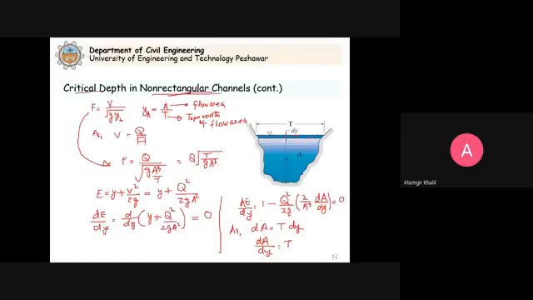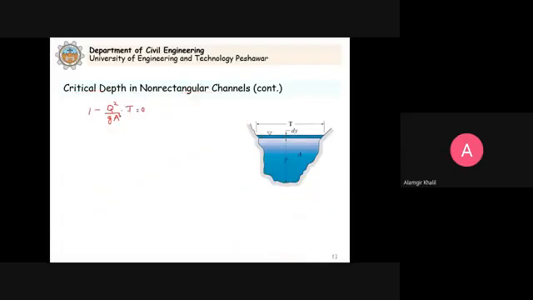The 2 cancels out with this 2, so Q square by g A cube into T, the top width, is equal to 0.